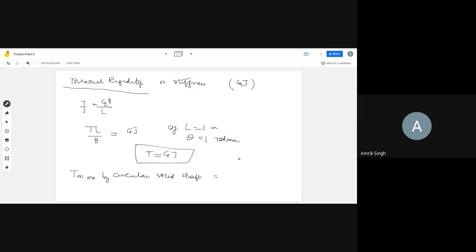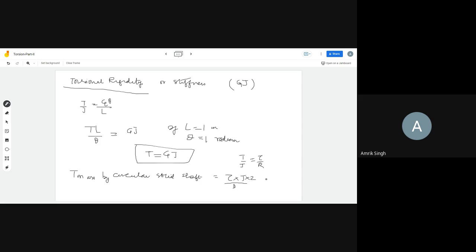We know that T by J is equal to tau upon R. So maximum torque will be equal to tau multiplied by J divided by R, where R is d by 2.